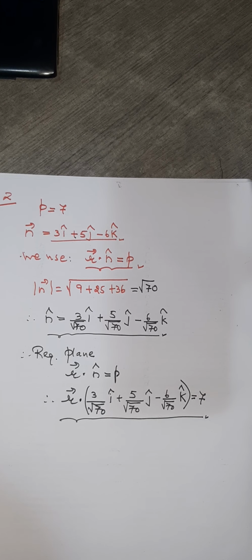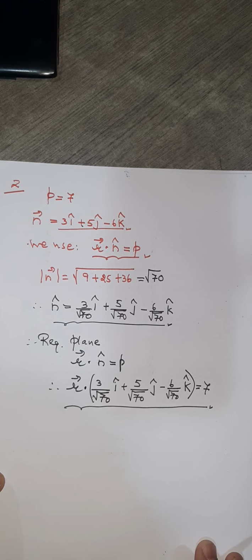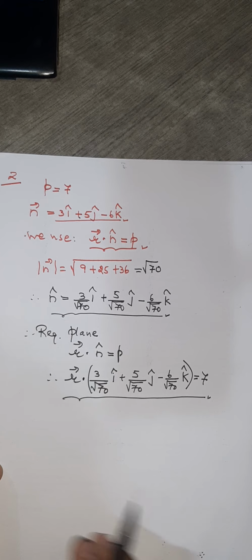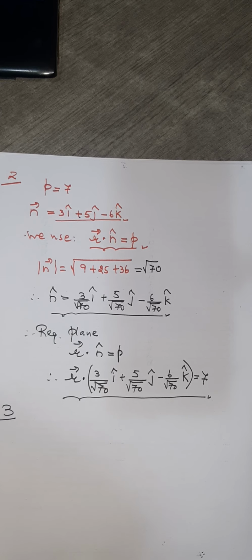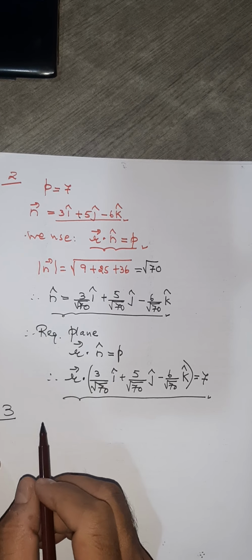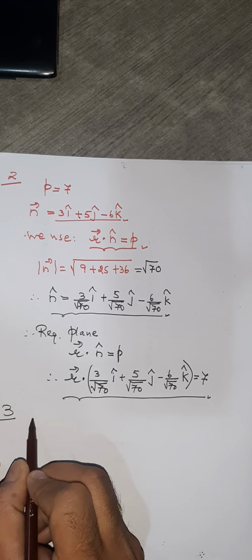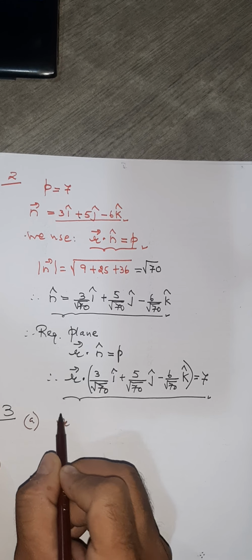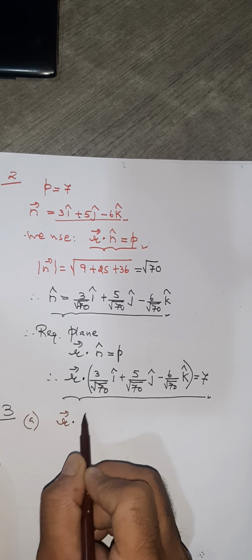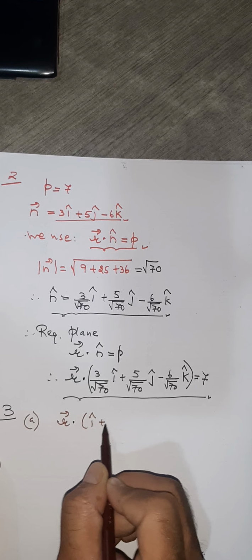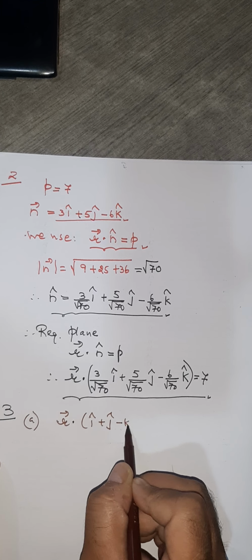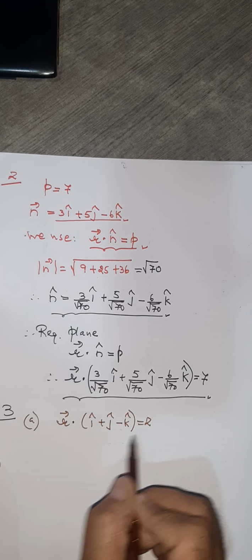Okay. What about the next question? In all the next questions, there are 3 sub-questions. You need to express in the Cartesian form. That is, instead of just vector r, you take x, y, z. So for the first sub-question, here we have r dot i cap plus j cap minus k cap equals 2.